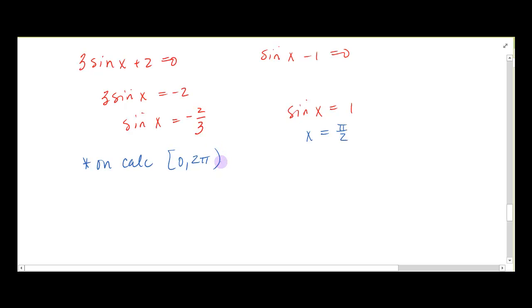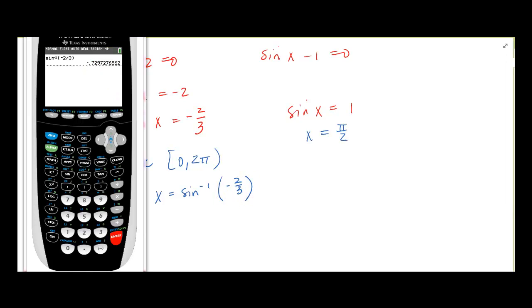So we're in radians, and we want to make sure we have that on the calculator. And we're going to take the inverse sine of negative 2/3 and see what is returned. When I let the calculator take the inverse sine of negative 2/3, it returns negative 0.73.